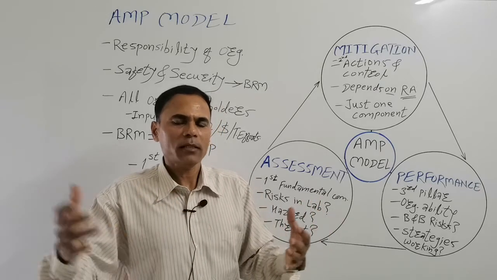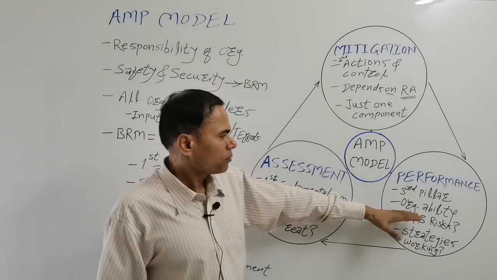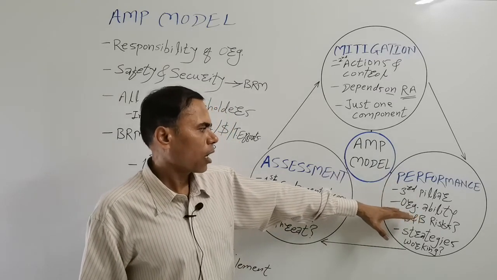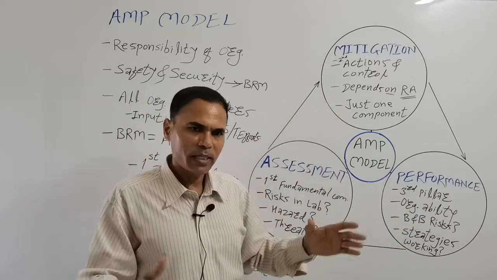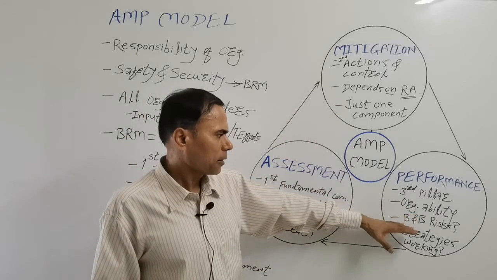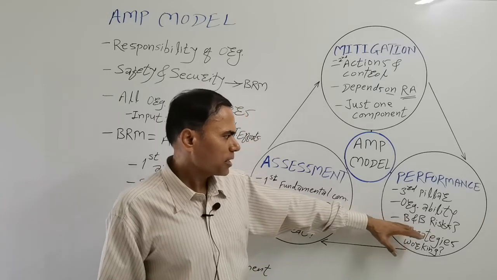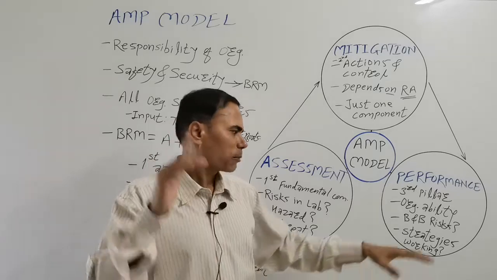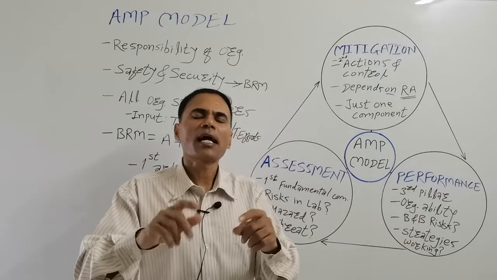I mean, there are a number of factors, but some are highlighted. So this performance highlights how biorisk management is doing, how that organization is doing, and you can see what control measures are taken to minimize the biosafety and biosecurity risks, whether they are working or not.